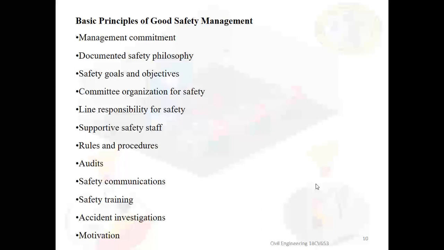So these are the basic principles of good safety management.